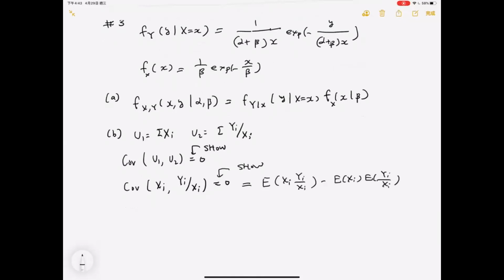I think possibly everyone would go this way when working on the covariance between two random variables. You feel good about it. The xi cancels, E of yi, then minus E of xi times E of yi over xi. Then you might be a little bit stuck. E of yi is possibly fine.